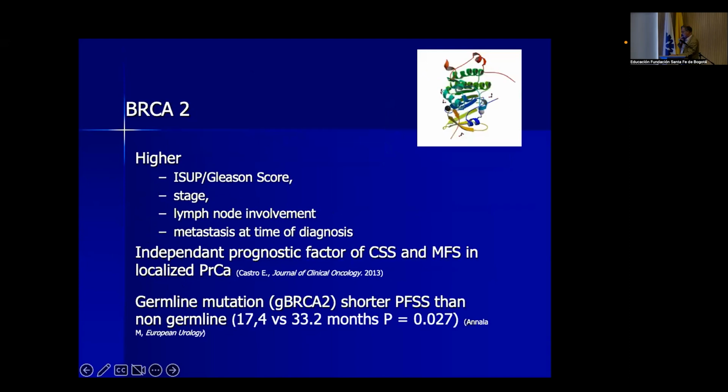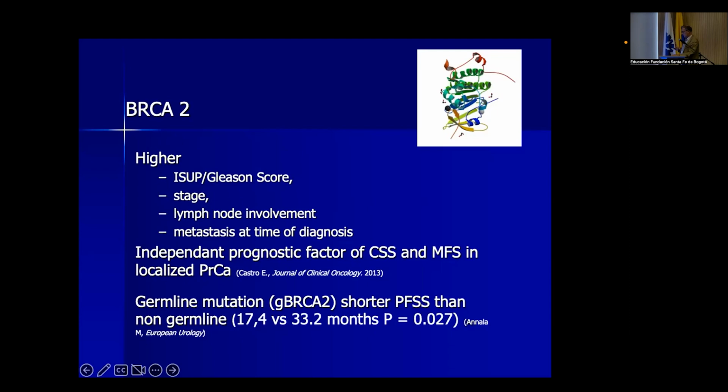The presence of a mutation in BRCA2, that is the main gene of this family involved in prostatic carcinoma, is associated with higher Gleason score, with higher stage, with higher lymph node involvement, with a higher risk of metastasis at the beginning of the disease. It's an important independent prognostic factor of cancer-specific survival and metastasis-free survival in prostatic localized cancer.